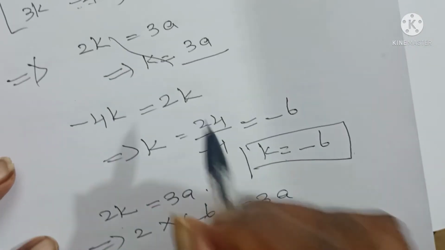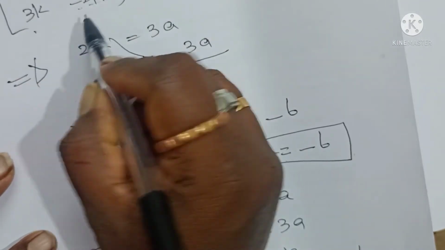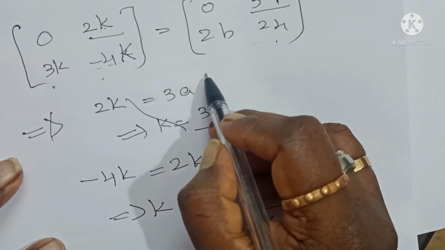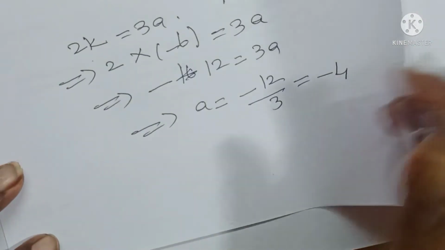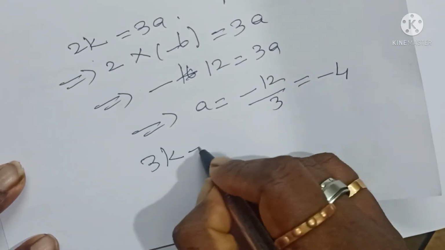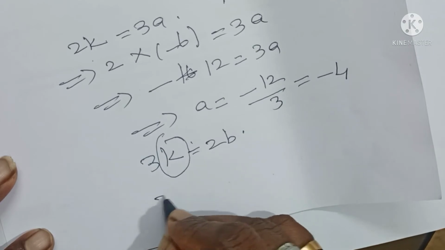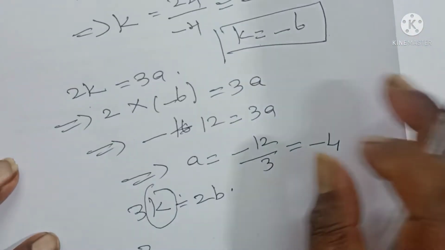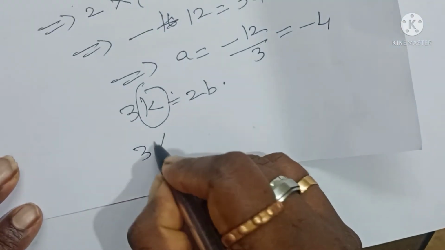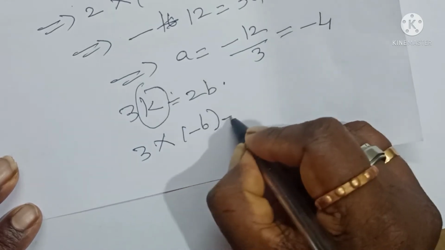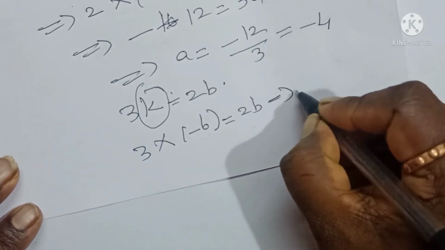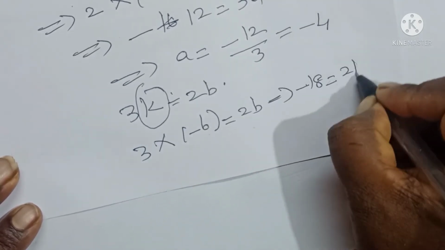Then you have to take this term: 3K is equal to 2b. So 3K is equal to 2b. Again you have to substitute the value of K here. What is the value of K? Minus 6. So 3 into minus 6 which is equal to 2b. This implies minus 18 is equal to 2b.